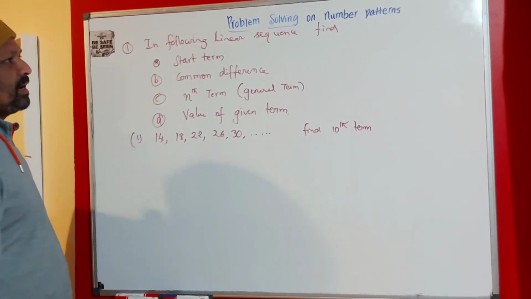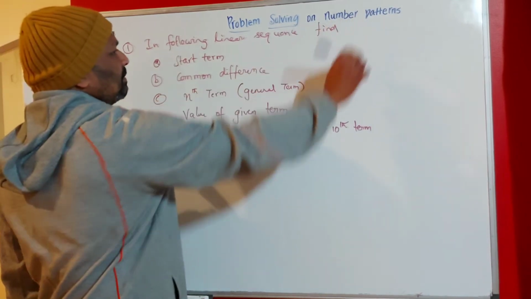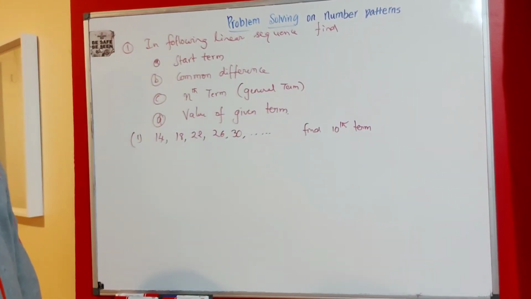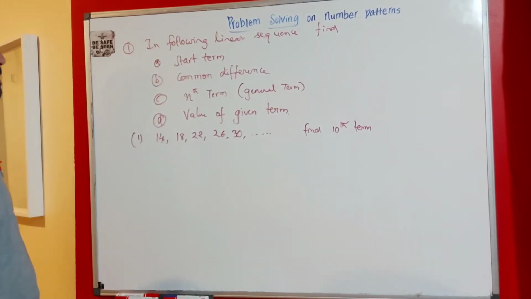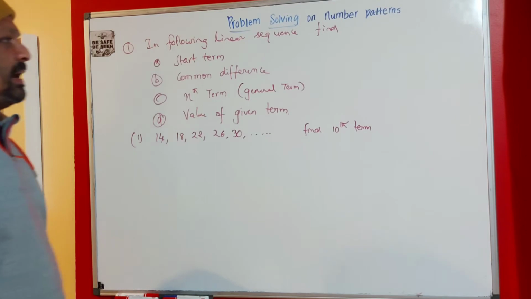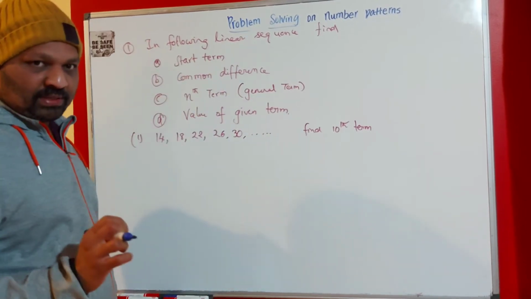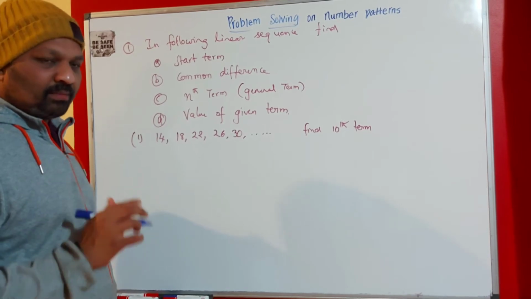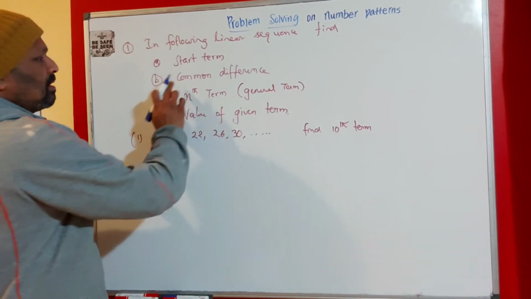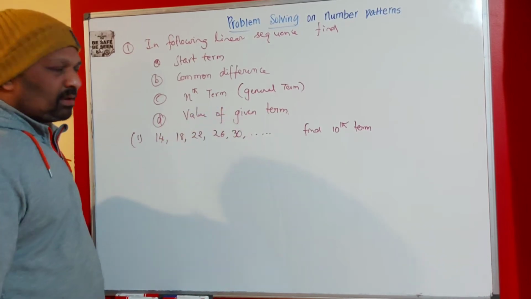Okay, so this is the second problem that we're going to solve on number patterns that follow an arithmetic series. The problem goes like this. In the following sequence, find the start term, that is the first term or initial term, the common difference, and the general term, represented as Tn, and the value of the given term.